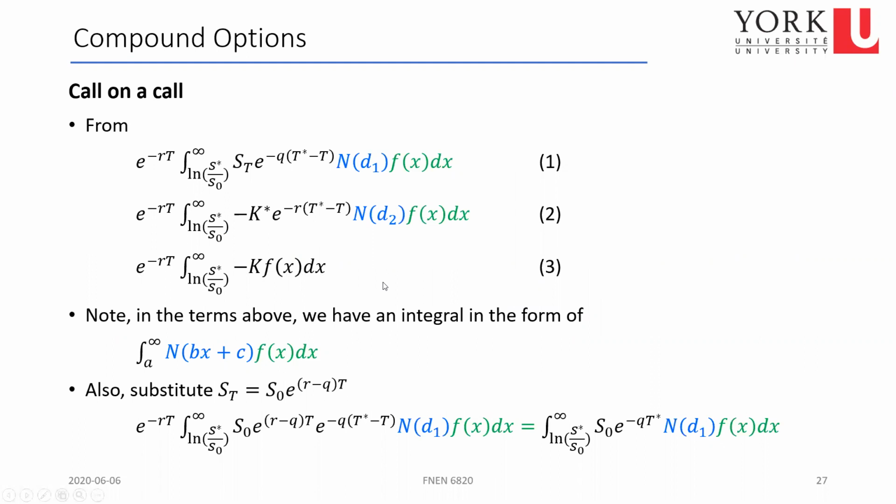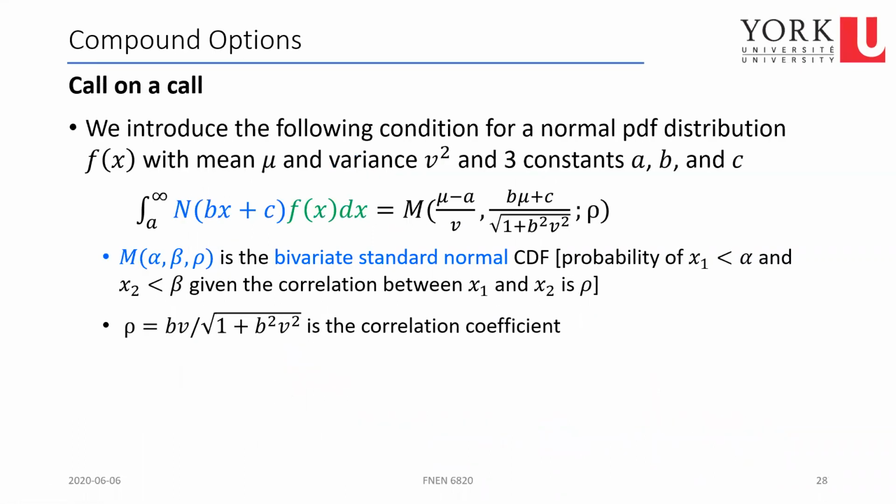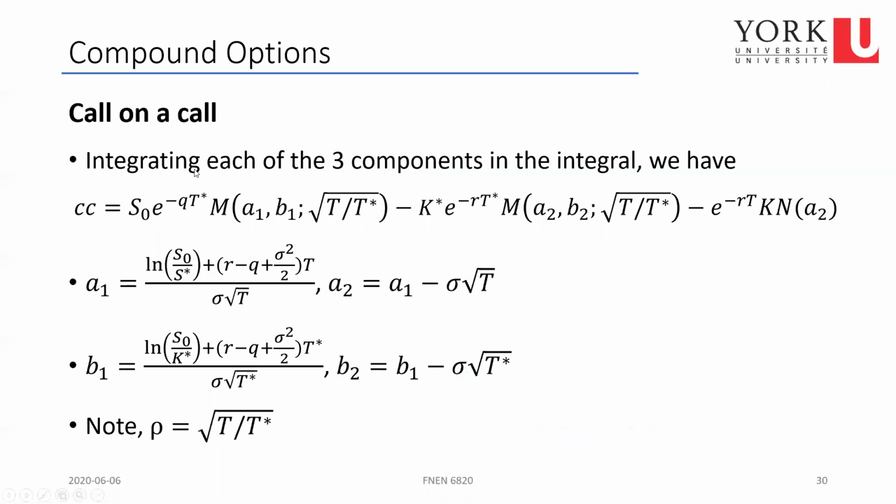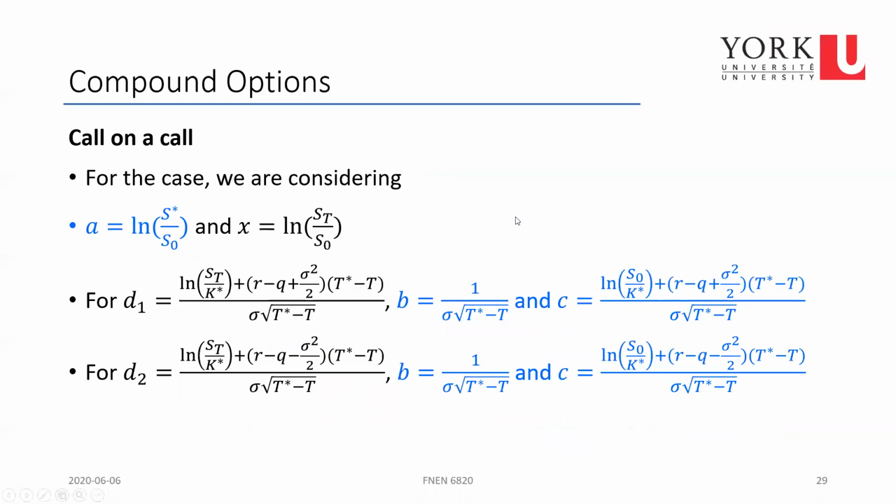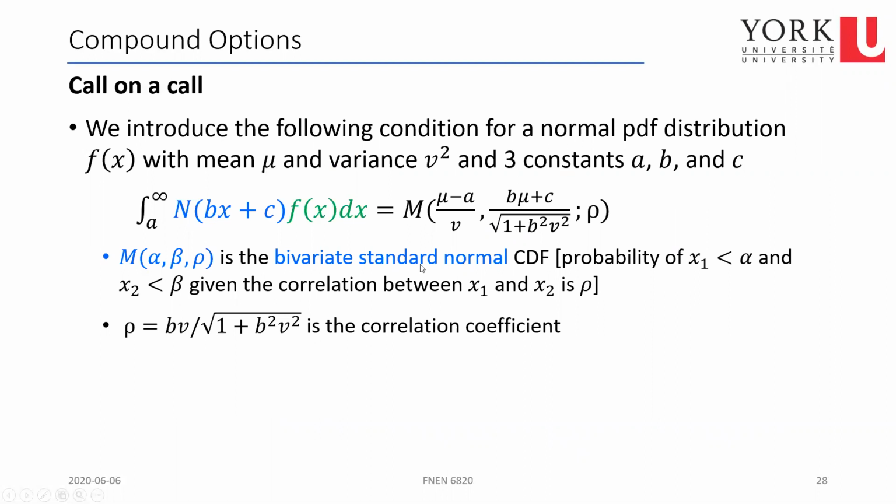So let's say if you have gone through everything, the call on the call will just have this expression here. These two M's here are the bivariate standard normal distribution, with this being alpha, this is beta, and this is rho.